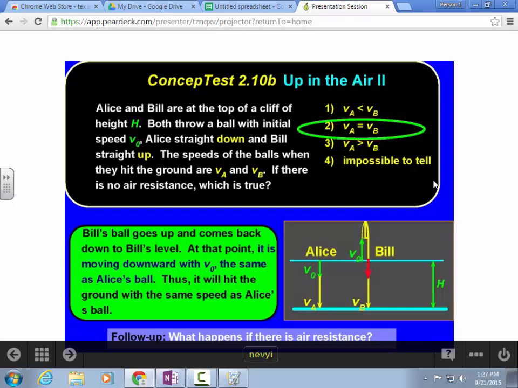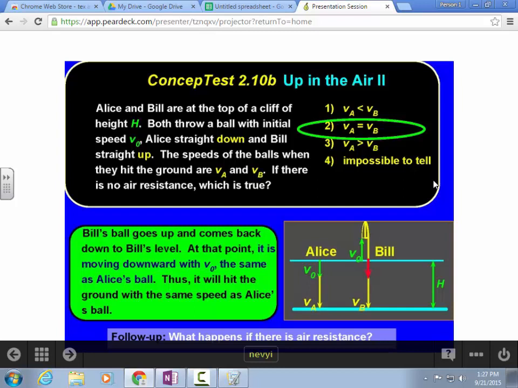Well, this is kind of difficult to think about, but consider this. If there's air resistance, will it ever reach the same symmetrical speed on the way down? No. That speed, when it hits the zero displacement point, meaning the point where Alice threw hers down, is going to be less than the speed that Alice threw hers down.